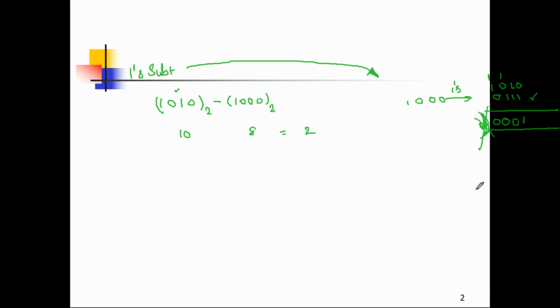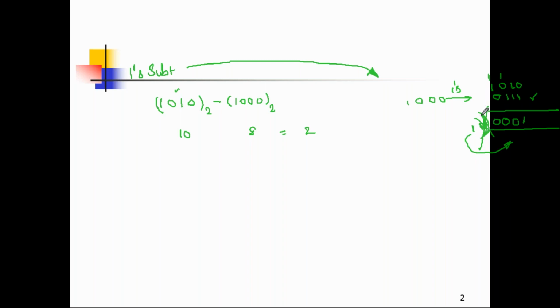In some situations, you have to add this carry to the result. Okay, I repeat once again. After doing this process, that means the ones complement of the second number, which is then added, in some situations a carry will be set at the end, that is called the end carry.